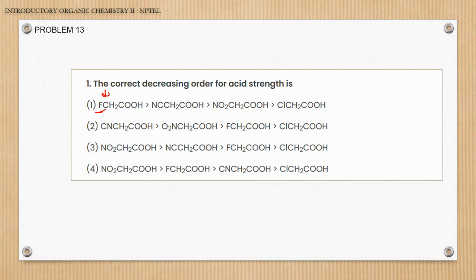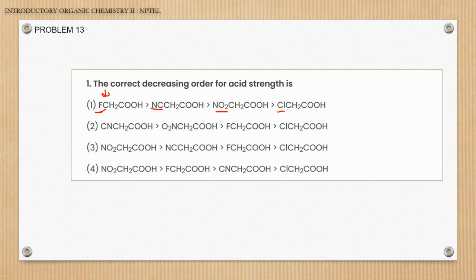In one case you have fluorine, in one case you have nitrile, in the third case you have nitro, and in the fourth case you have Cl. So now tell me which has the higher electron withdrawing ability. The substituent I'm talking about: fluorine, nitrile, nitro, or chlorine. Higher electron withdrawing ability. Nitro.